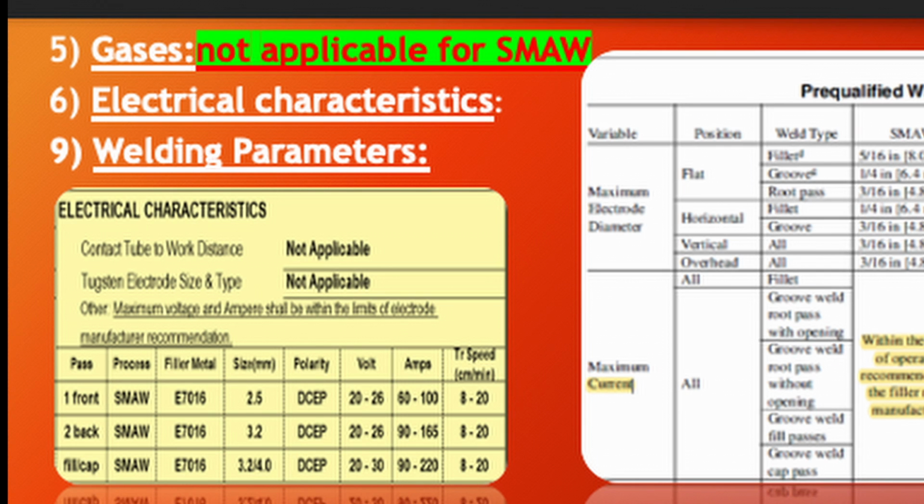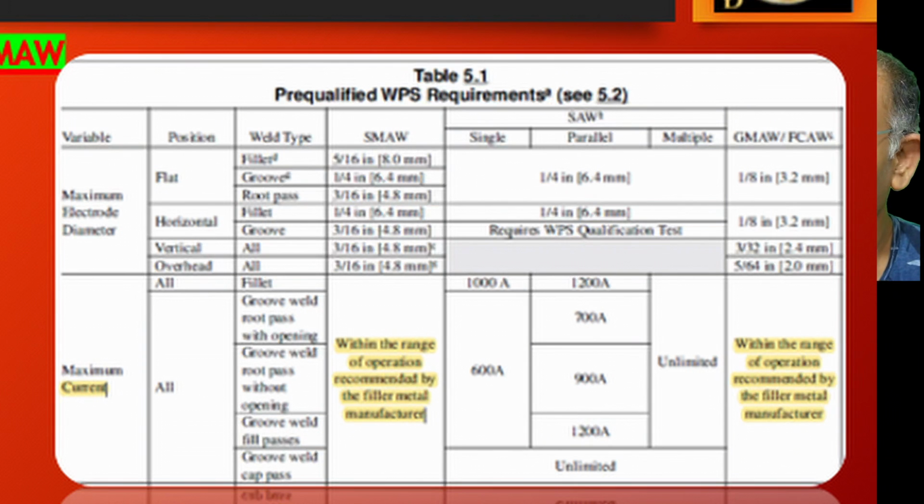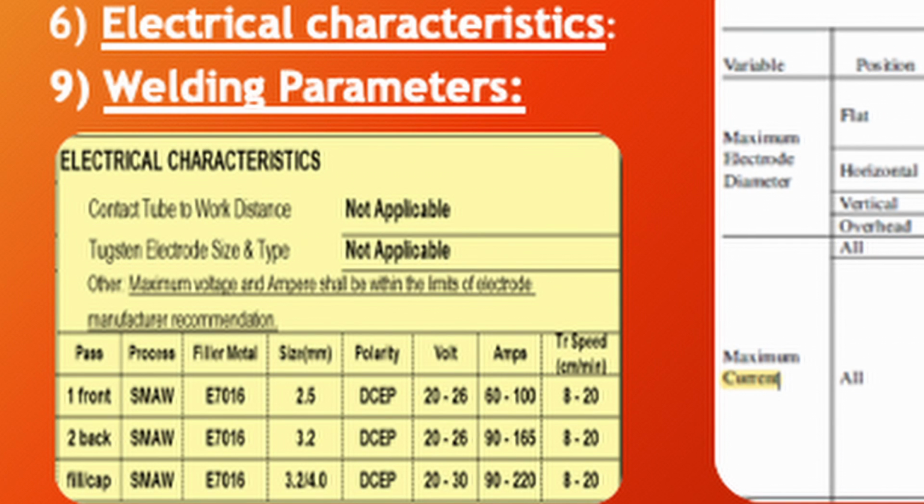Electrical characteristics you can find from table 5.1 of the pre-qualified WPS requirement. For electrical parameters, I told you that AWS D1.1 always recommends the current, voltage and polarity specified by the filler metal manufacturer, so that's what I put in the table here.